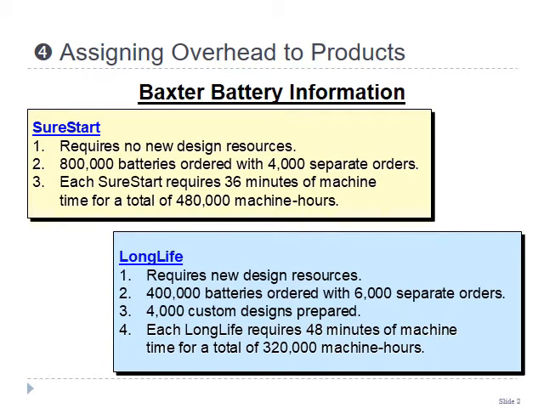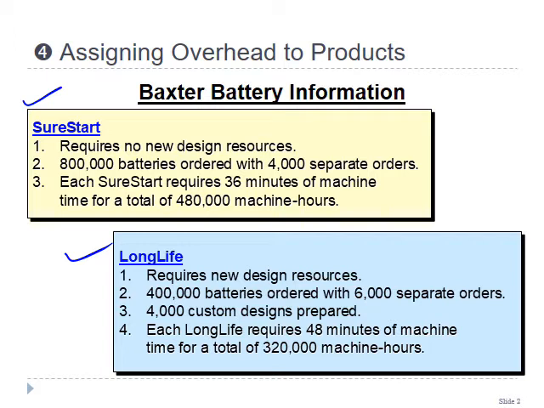As we discussed before starting the ABC implementation, the Baxter company is operating two batteries. One is standard size, that is Short Start, and one is the deluxe or luxury product that is Long Life.